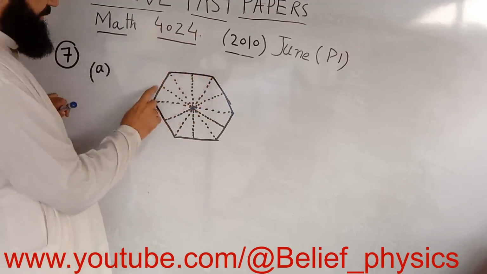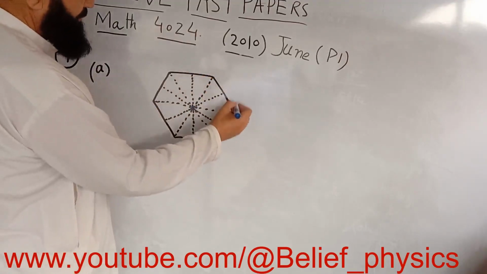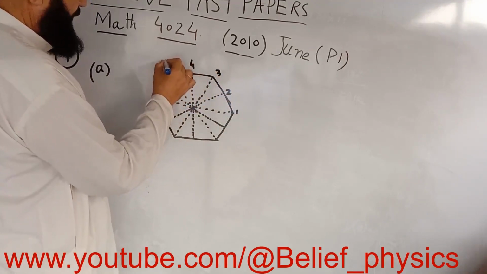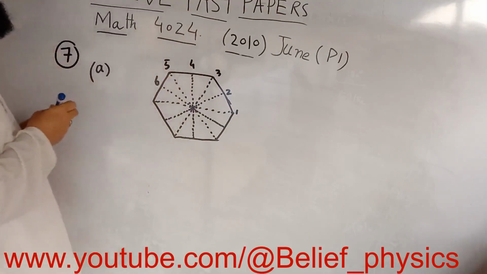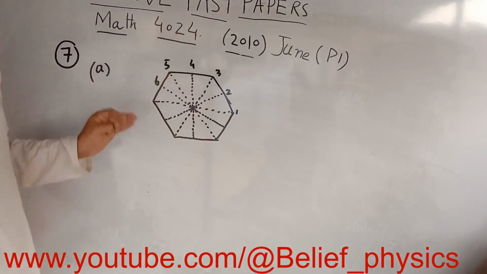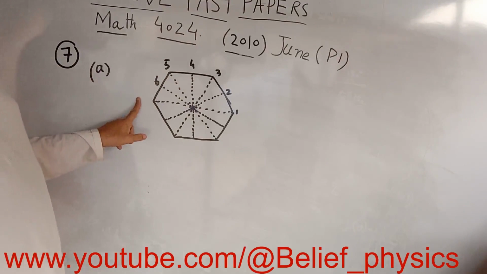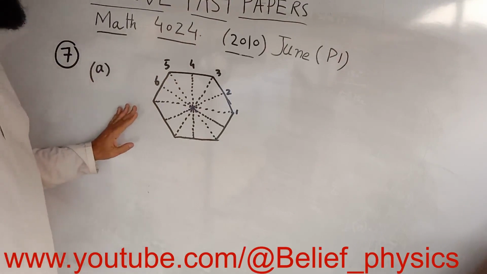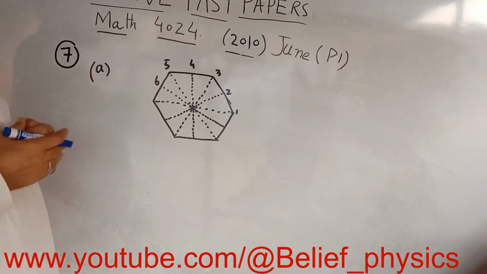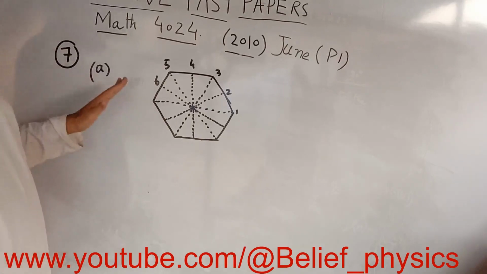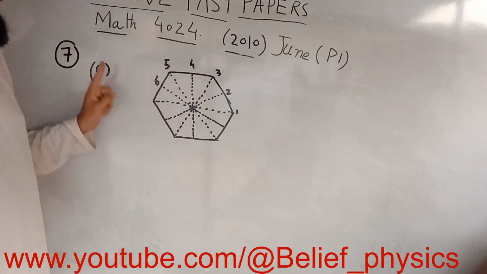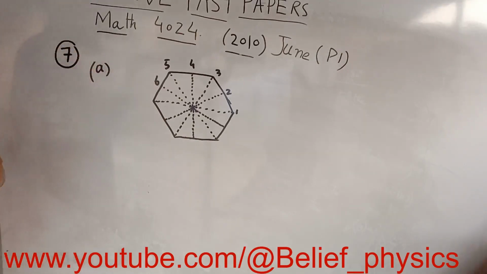One is here. So now there are 6 lines of symmetry: 1, 2, 3, 4, 5, and 6. These are the 6 lines of symmetry because it has 6 sides. Any regular n-sided polygon will have n lines of symmetry. Since a regular hexagon has 6 sides, it will have 6 lines of symmetry.